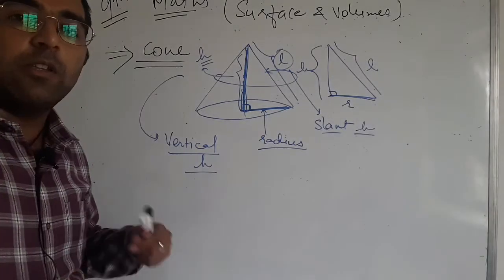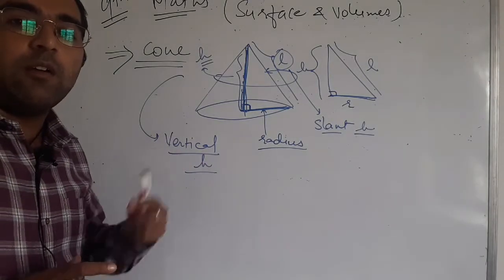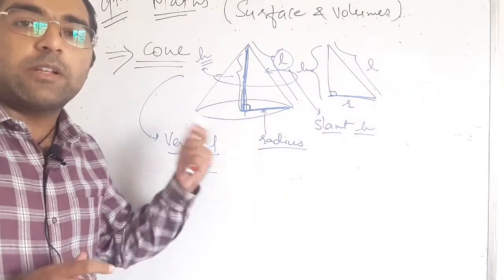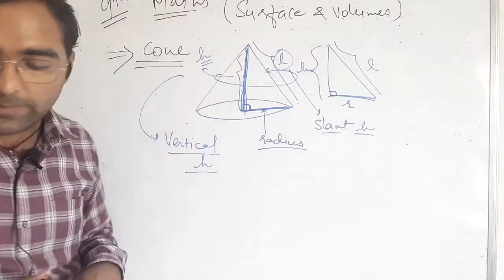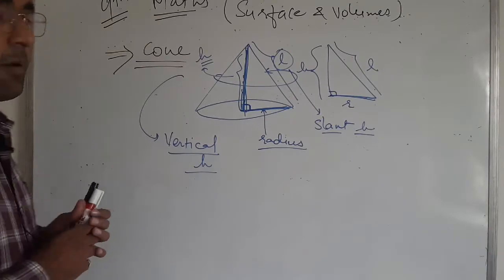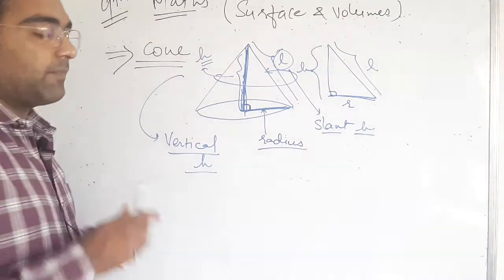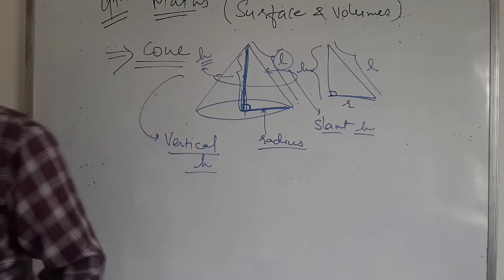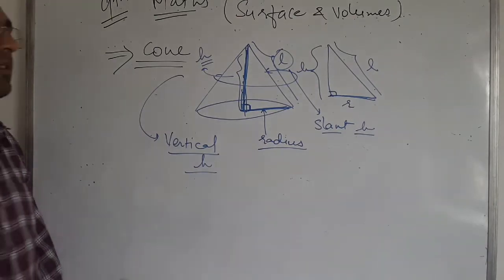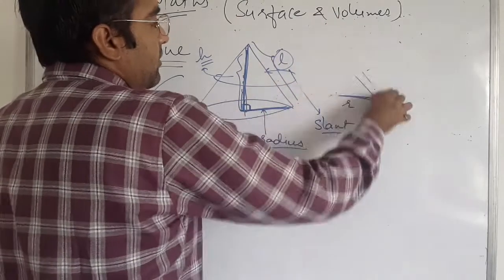Now we are moving on to the curved surface area, the total surface area, and the volume of the cone. For the curved surface area, we have to take only the curved part of the cone.